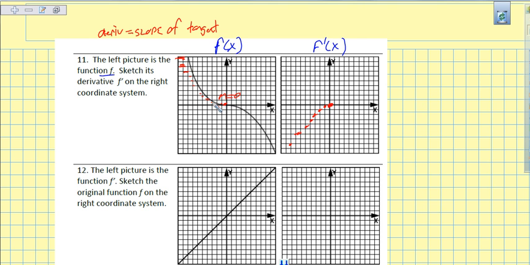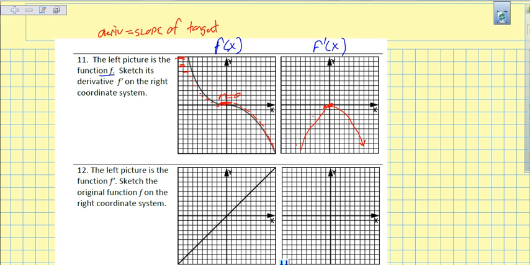And then as soon as we make that corner where we have a slope equal to 0, it starts gradually getting more negative, and then a little bit more negative, and a lot more negative, and a lot more negative. So this thing isn't linear, I don't think. It looks like it's probably some sort of quadratic that I didn't draw very well. Anyway, upside down parabola. So it's probably looking like this. Okay. So hopefully that'll help you out a little bit.